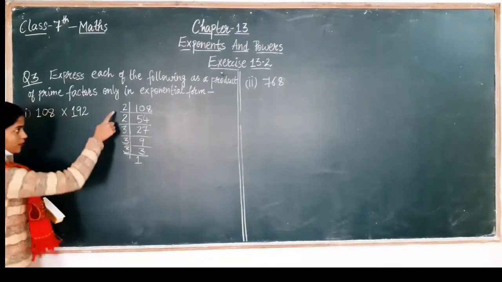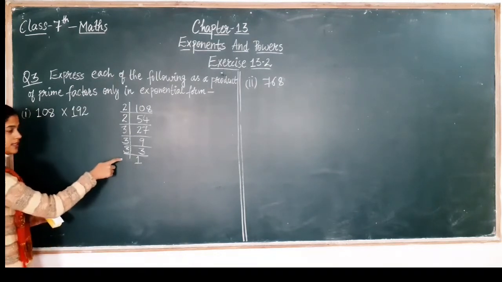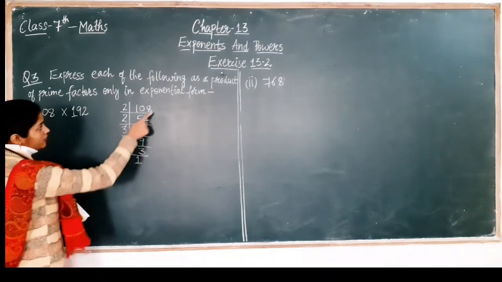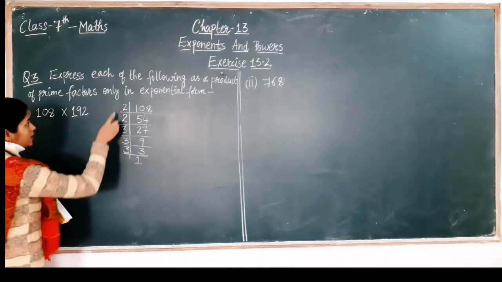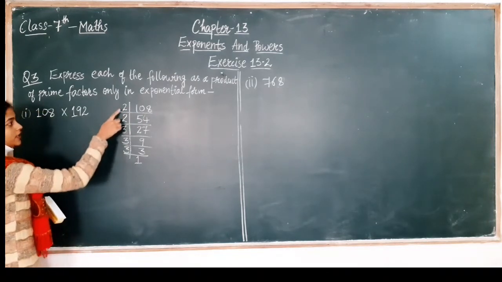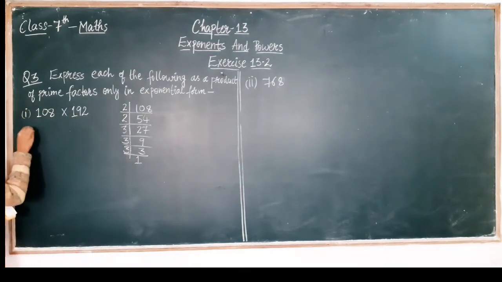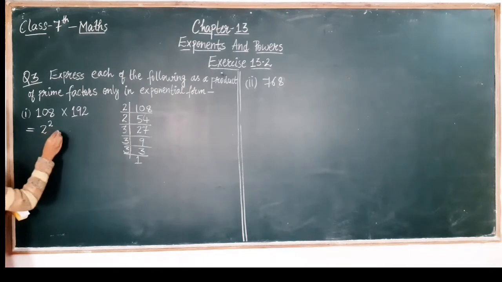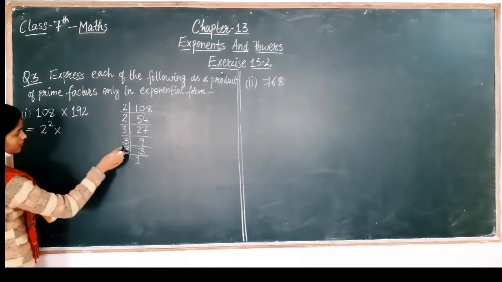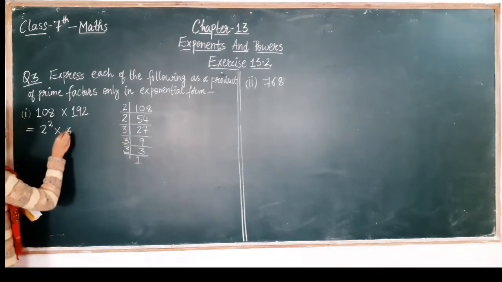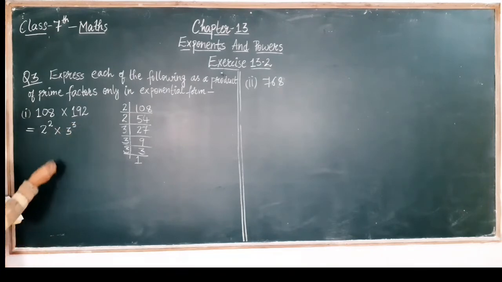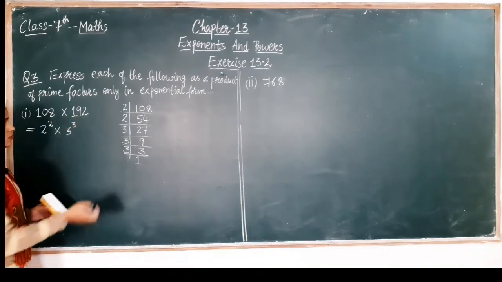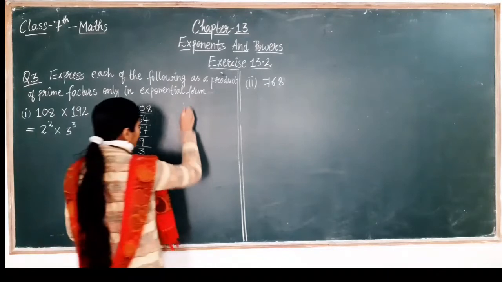Okay. So by prime factorizing 108, how many 2's will you get? You will get two 2's. So how are you going to write it? You are going to write it as 2 raised to the power 2 multiplied by 3 times 3.